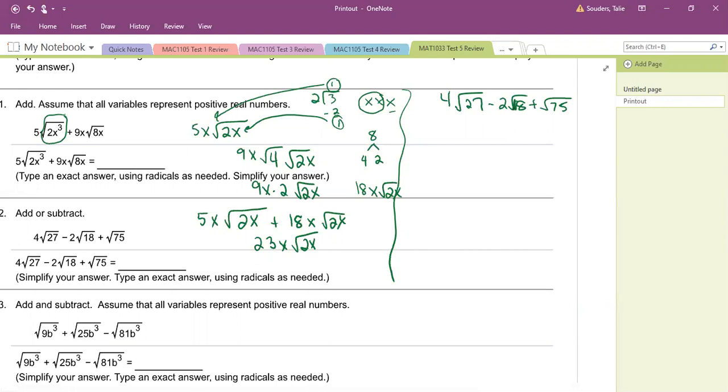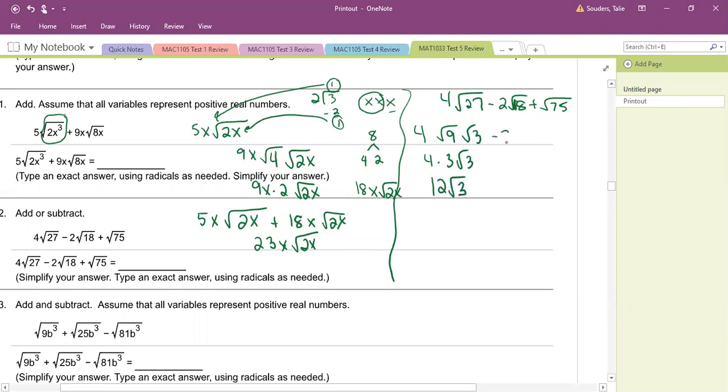How would you simplify the square root of 27? So you can pull a 3 out of that. So you could split it up into 9 times 3. And then you're looking for perfect squares that go into it, right? So the square root of 9 is 3. So that whole term becomes 12 times the square root of 3. Good. How about the square root of 18?